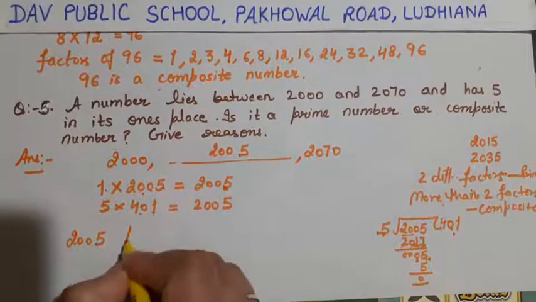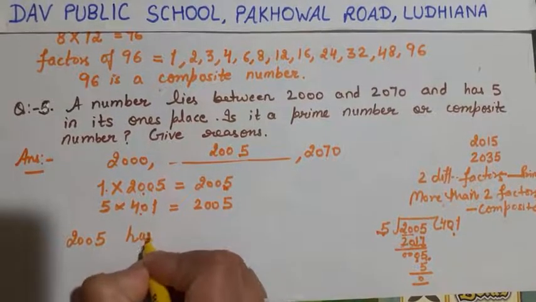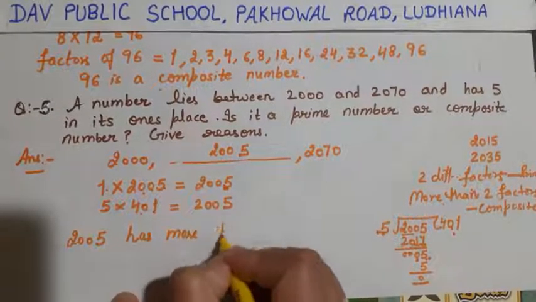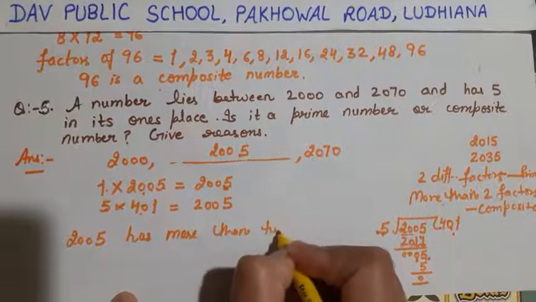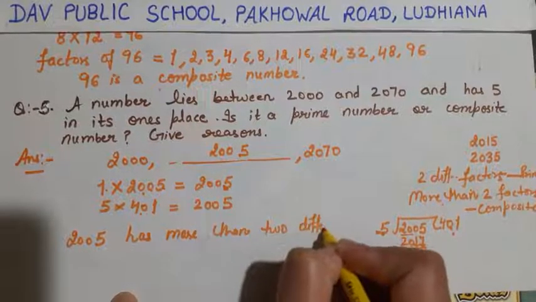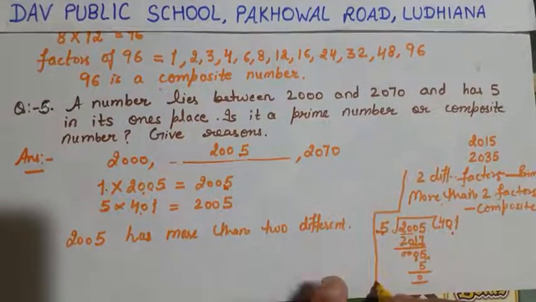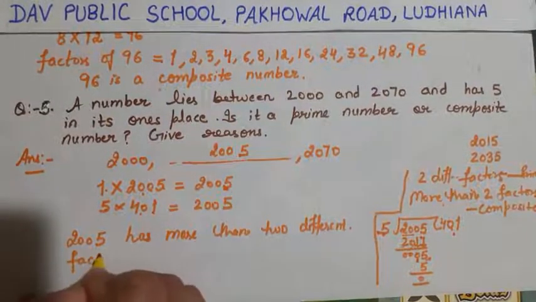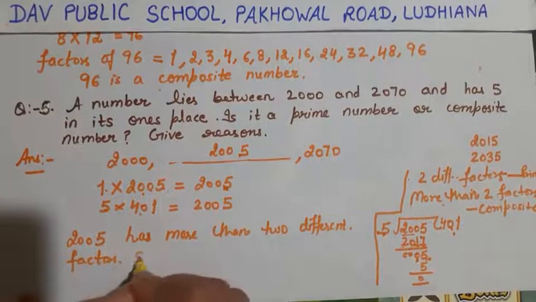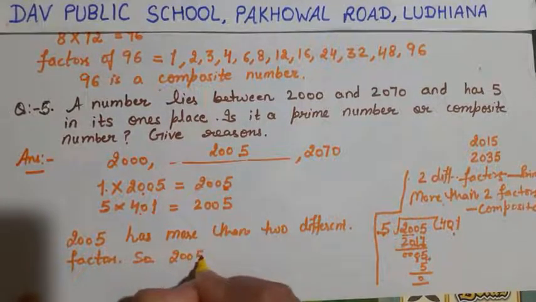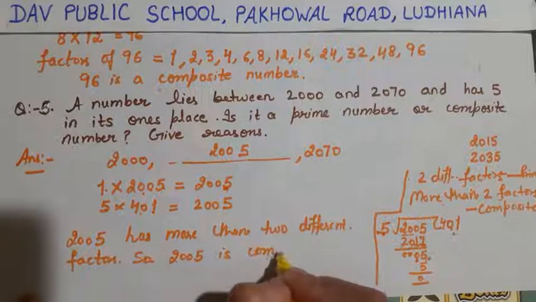2005 has more than 2 different factors. So 2005 is a composite number.